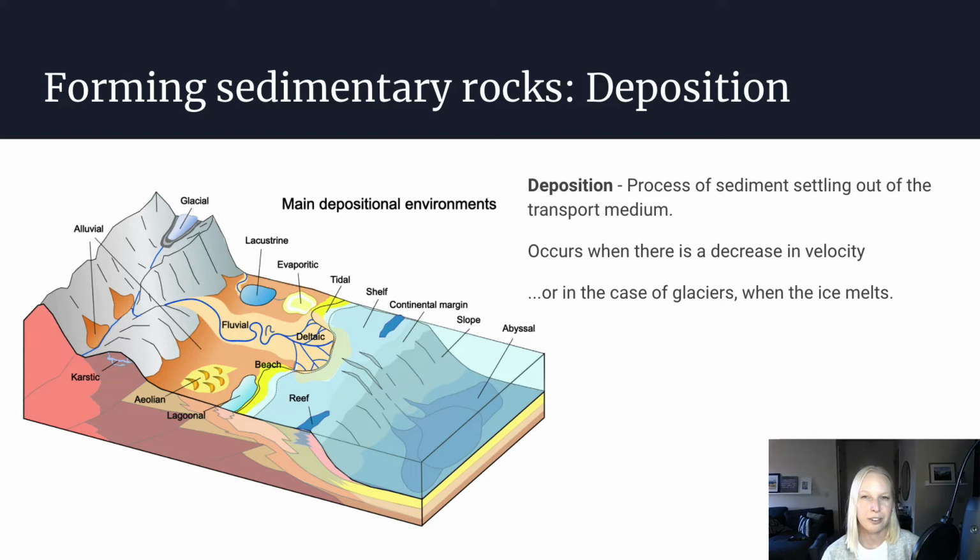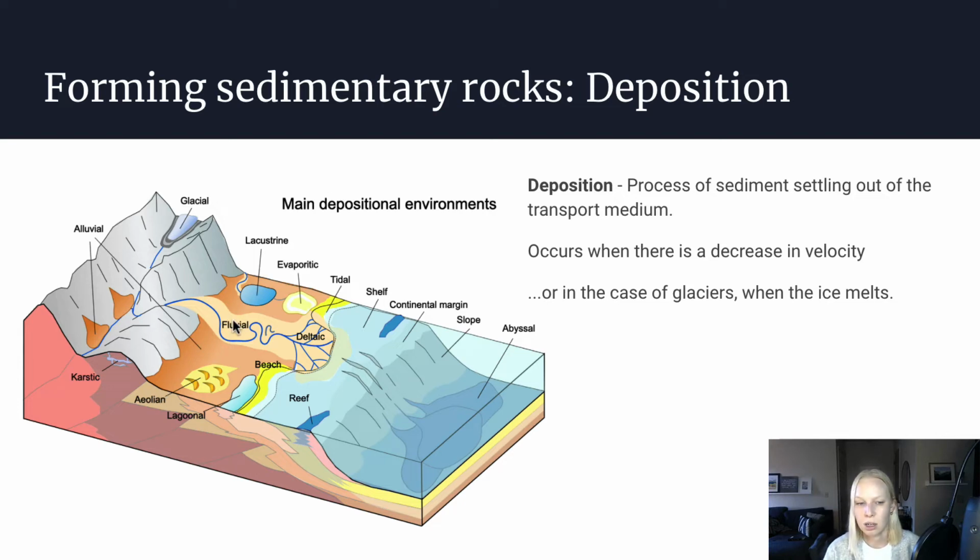There are a number of what we call depositional environments. These are the environments in which deposition tends to take place. And in each of these environments, you'll find unique sedimentary rocks. So a few very common ones that we'll talk about are glacial environments, alluvial environments, aeolian, where you find sand dunes.